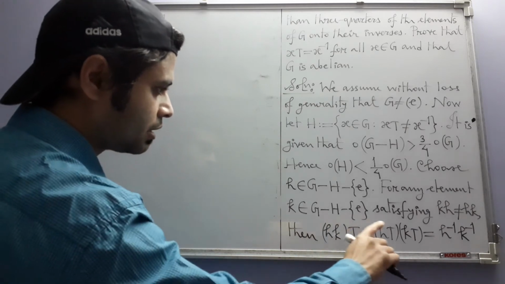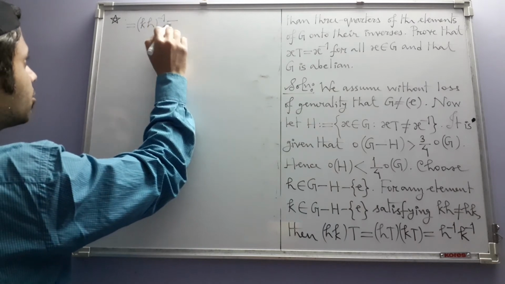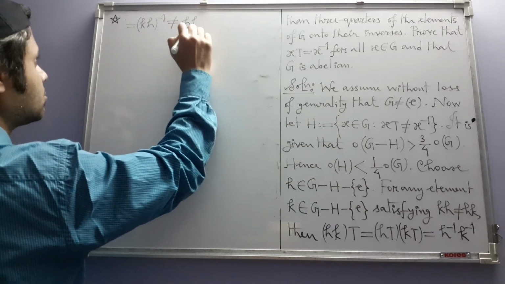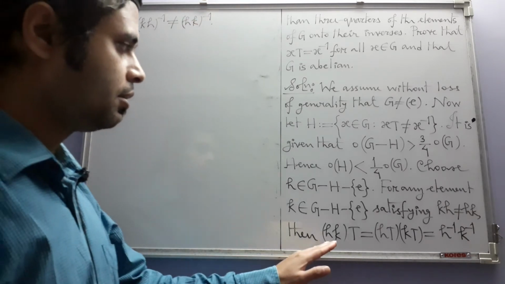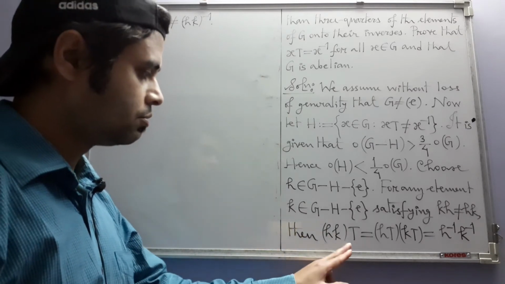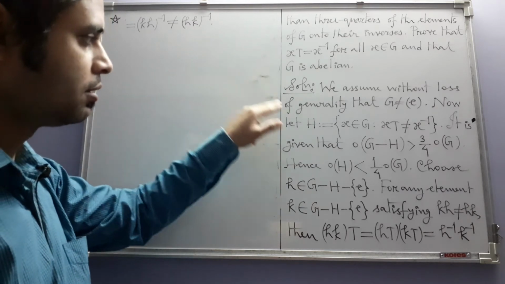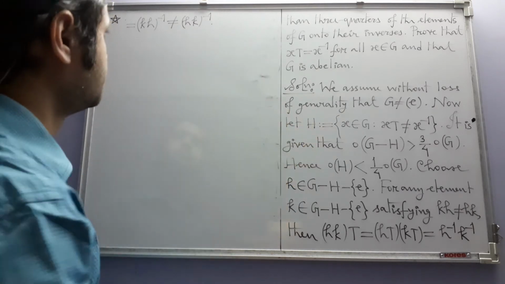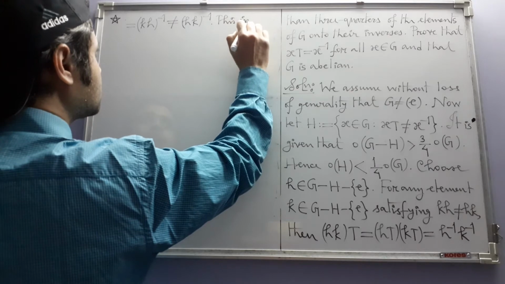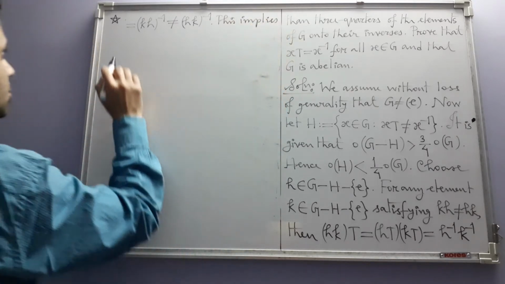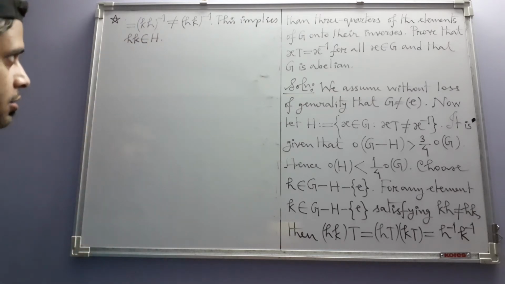And because of the way we have chosen k and h, this is not equal to hk inverse. So that means hk is a group element whose T image is not equal to its inverse. So hk belongs to H. This implies hk belongs to H.